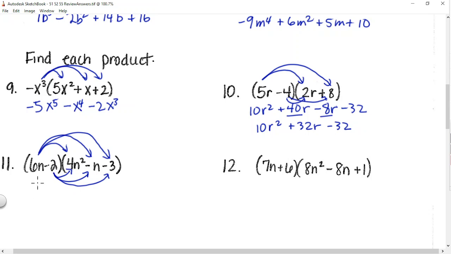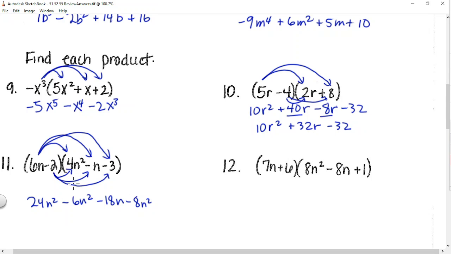So here we go. 6n times 4n squared, that's 24n squared. 6n times negative n, negative 6n squared. 6n times negative 3, negative 18n. And then we take the 2 times everything. 2 times, or sorry, negative 2 times each thing. Negative 2 times 4n squared, negative 8n squared.